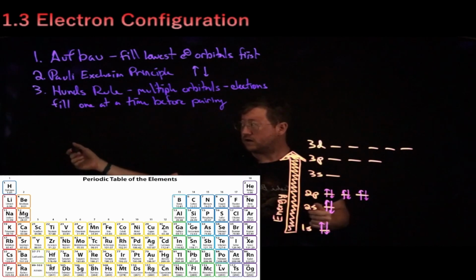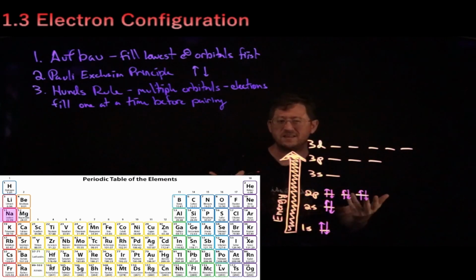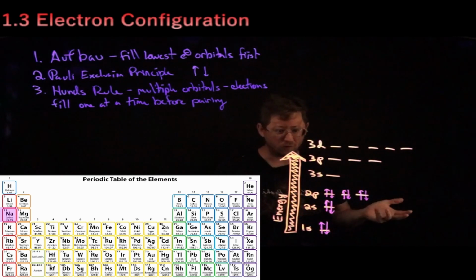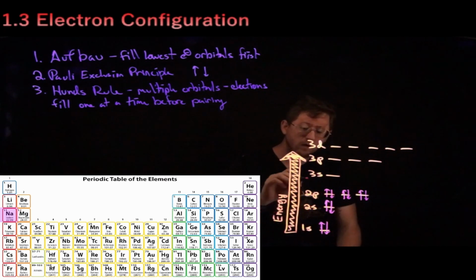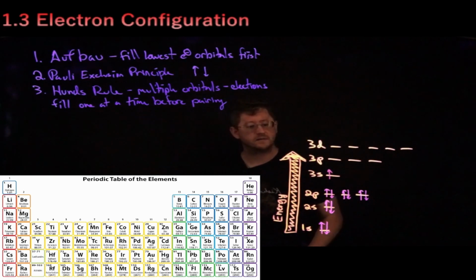If we move on to sodium now, sodium is a reactive metal. We've seen the videos where you throw sodium into water and it starts a little fire. That is because sodium has that single electron in the 3s orbital. It's reactive because sodium wants to get rid of that one electron so that it can behave more like neon.